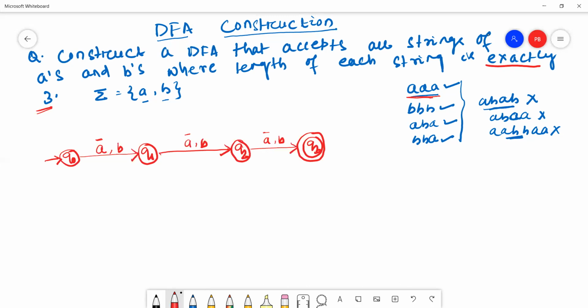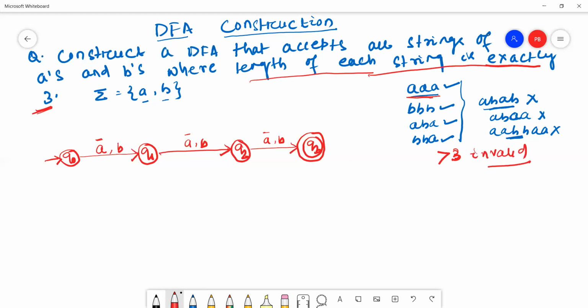What is the question? What is the DFA? The question is that the length of each string is exactly 3. Means if it is greater than 3, it is called invalid.